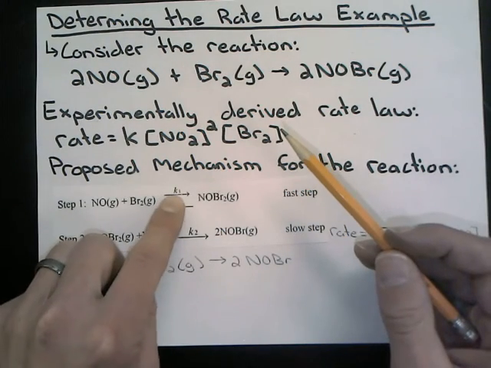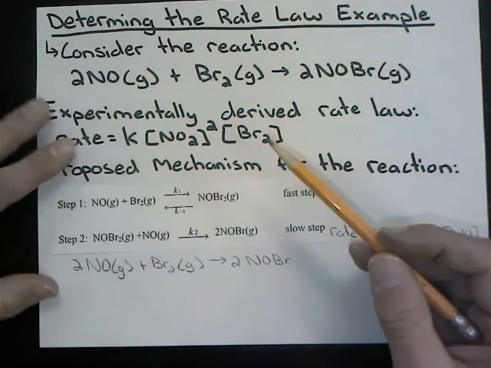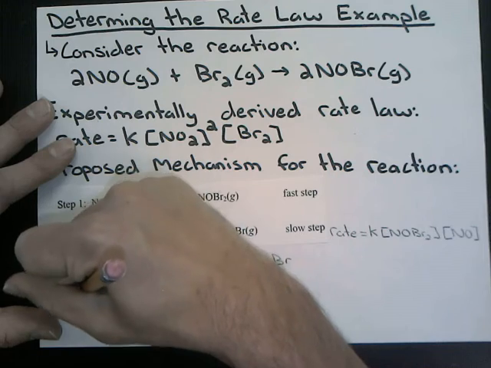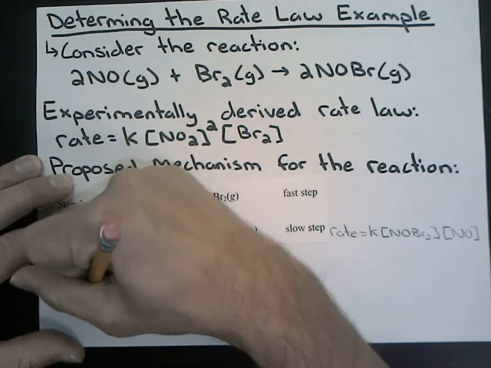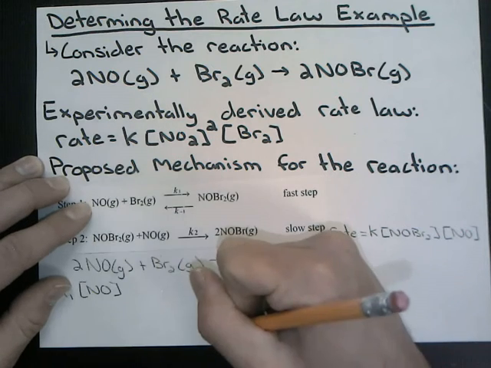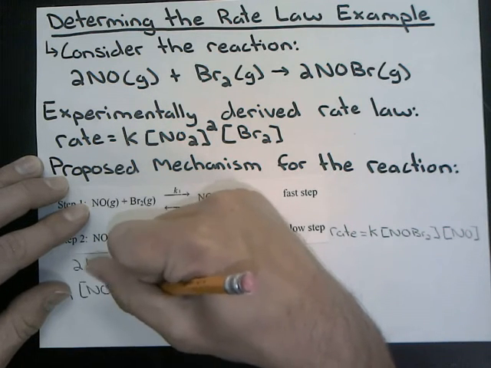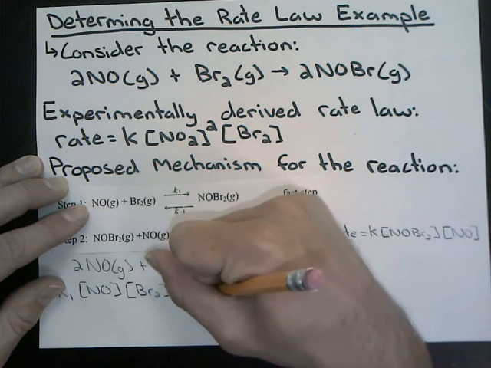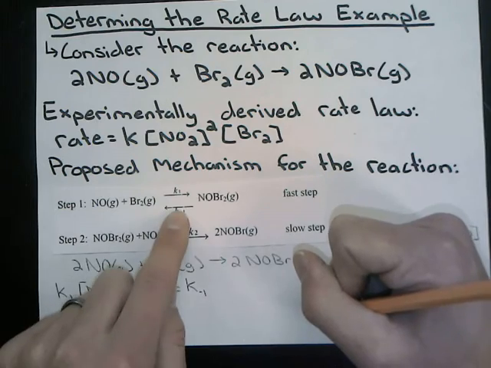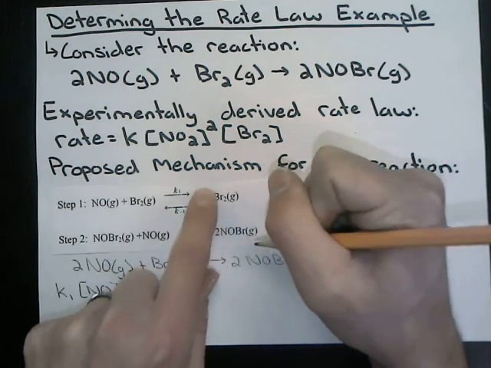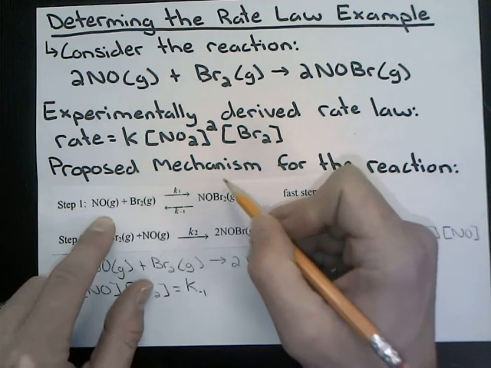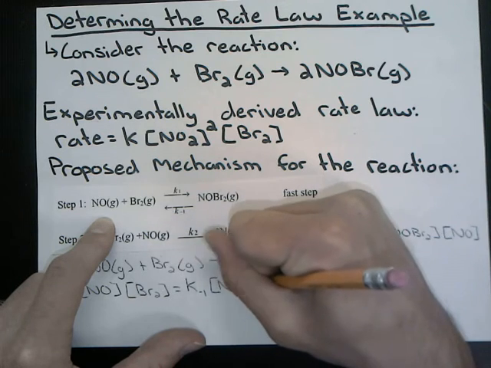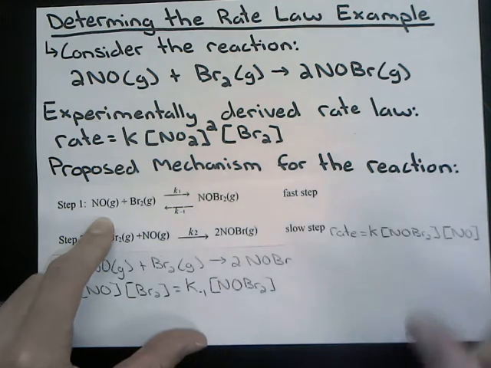So the first rate law, if you see this K1 over this reaction going from left to right, our first rate law would be K1 times NO, which would be raised to the first power, times Br2, equals the inverse of our rate law constant times, in this case, because we're going from right to left, our reactants would be NOBr2.